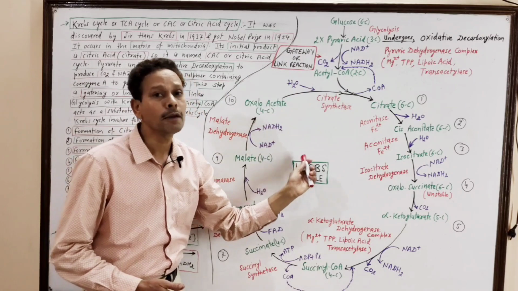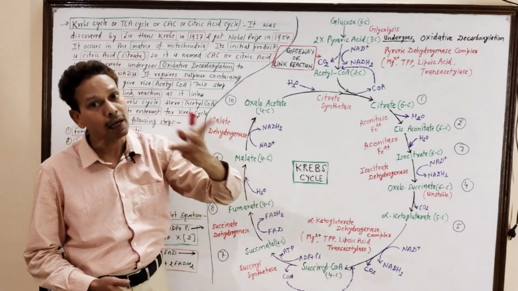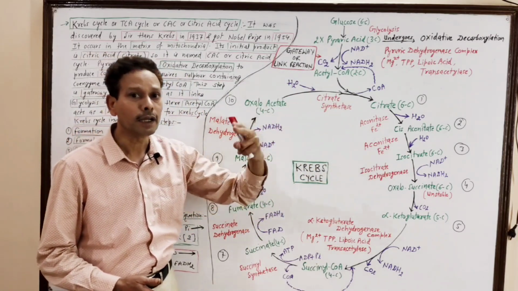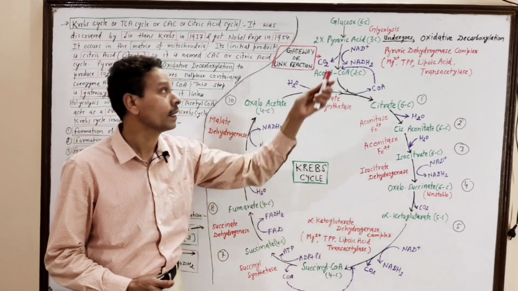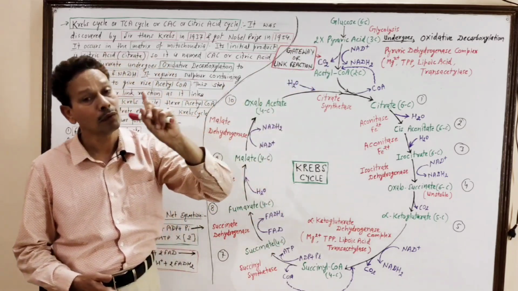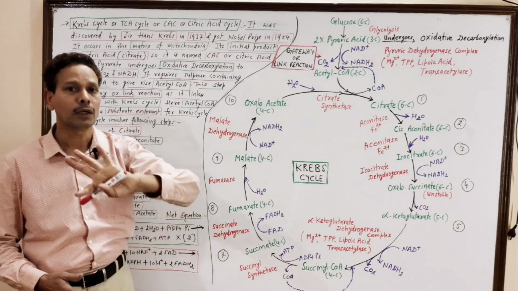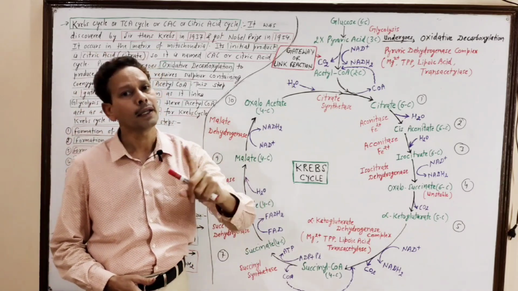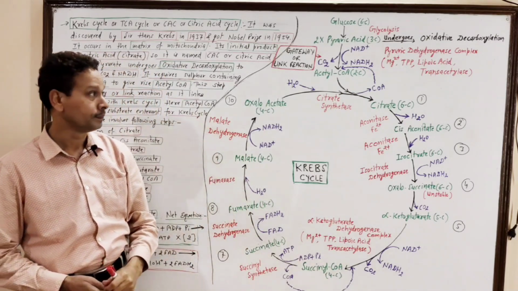So 15 plus 15, 30 ATPs from 2 Krebs cycles and 8 ATP from glycolysis. Total net gain of 38 ATPs.